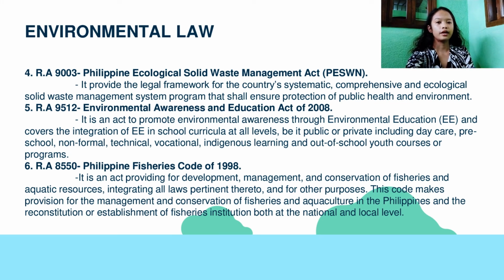Next is RA 8550, an act providing for the development, management, and conservation of the fisheries and aquatic resources. It aims to deter and eliminate illegal, unreported, and unregulated fishing.